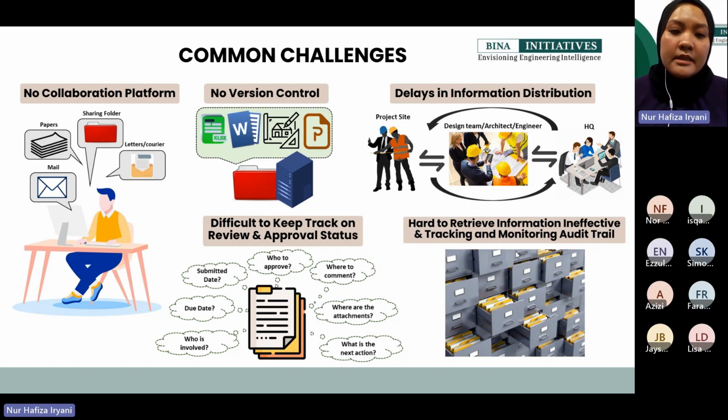What did she do? What did she already offer? What is the latest information that she gave? We cannot track and monitor properly because there is no audit trail. There is no audit trail in the shared folder, there is no audit trail in the cabinets, and also there is no sharing audit trail in the shared folders.